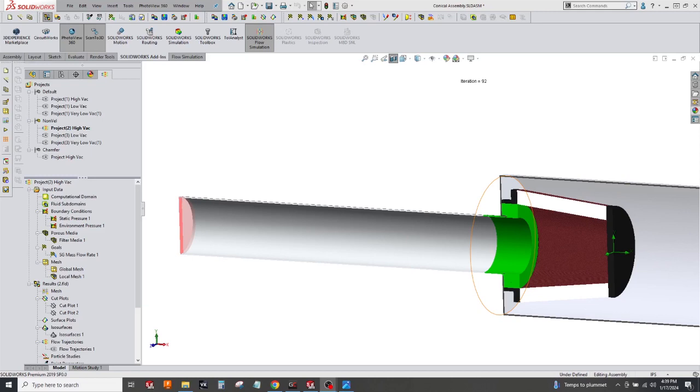A couple general rules of thumb: if you're talking about internal flow, so inside of this tube or inside of an intake manifold or something like that, they're typically not going to be doing you any favors. An exception to that might be if you're trying to get a mixing action going on, where you're trying to get two different things to become homogeneous. Then they can be your friend. But typically, if you're concerned about flow rates, they're not doing you any favors.